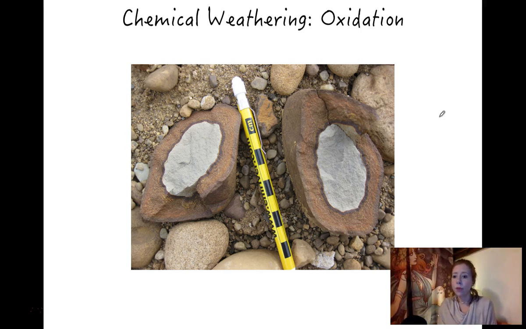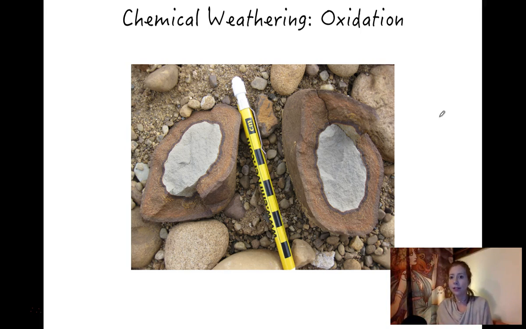Another example would be oxidation of, for instance, an iron-rich rock. So when you expose iron to oxygen, it reacts and it turns red, it rusts. And so you could see with this broken apart iron-rich rock here that the outside has formed this red rind.